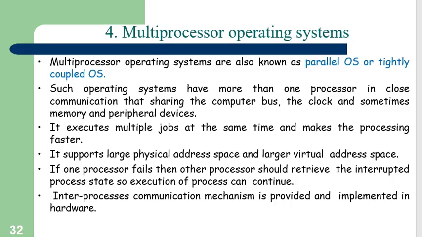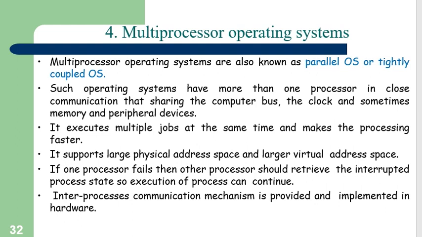And the multiprocessor operating system. The multiprocessor operating system is also known as parallel OS or tightly coupled OS. Such operating systems have more than one processor in close communication that share the computer bus, clock, and sometimes memory and peripheral devices.